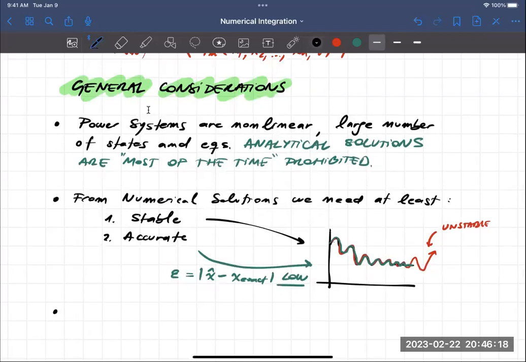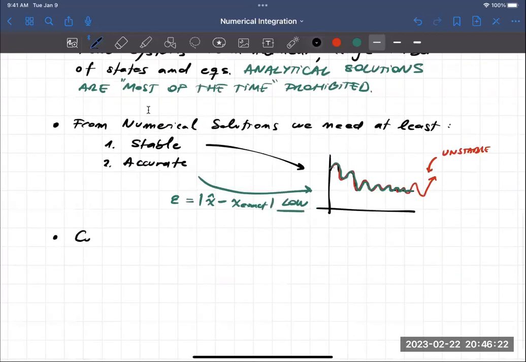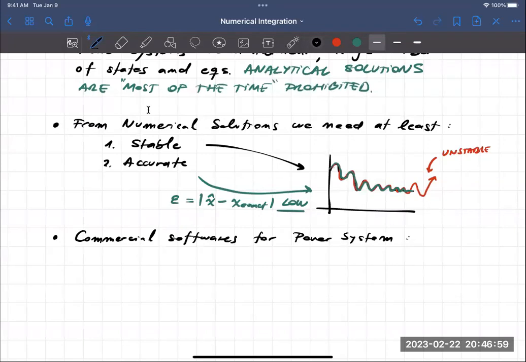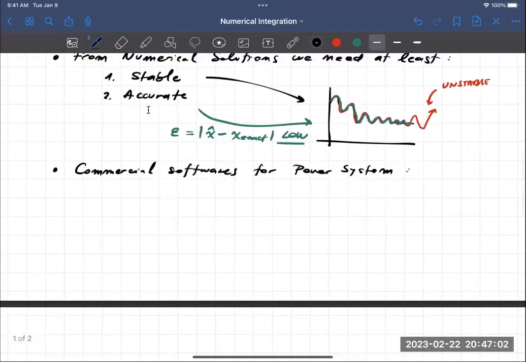However, there are some commercial softwares out there for power systems that are designed to deal with this high dimensionality of the power system, their controllers, and you can do not only transient stability analysis, but also protection analysis, steady state analysis, signals analysis, and so on.